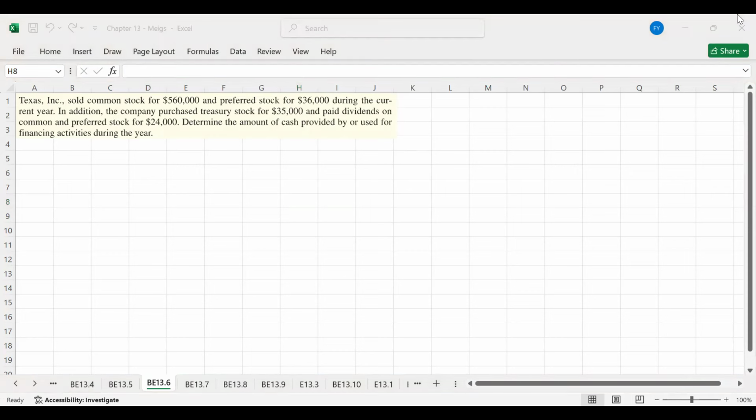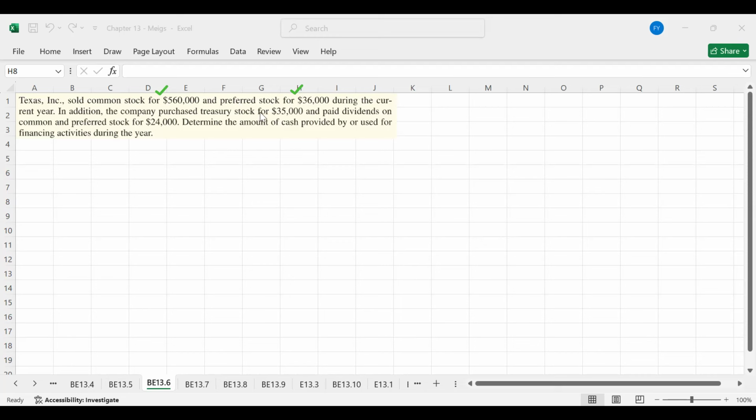This brief exercise gives us the data which we have. The Texas company sold common stock. Sale of common stock, or issuance of common stock, is part of financing activities, and likewise selling of preferred stock is also part of financing activities, whereas the company purchased treasury stock.